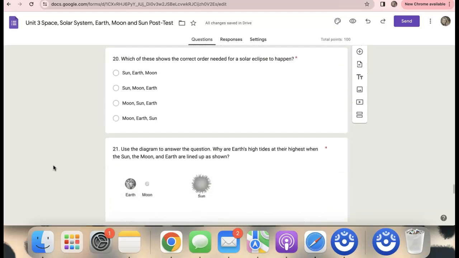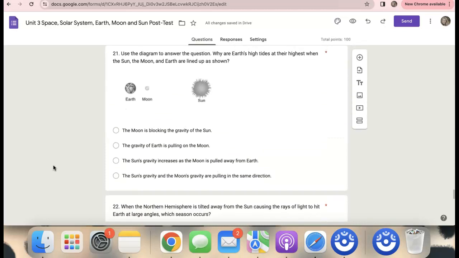Number 20. Which of these shows the correct order needed for a solar eclipse to happen? Sun, Earth, Moon, Sun, Moon, Earth, Moon, Sun, Earth, or Moon, Earth, Sun? Number 21. Use the diagram to answer the question.